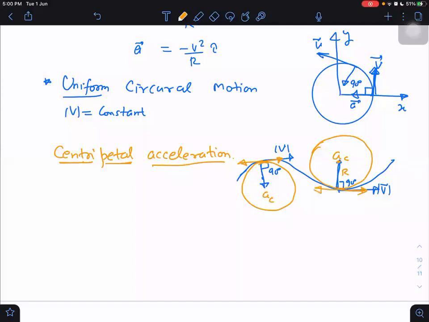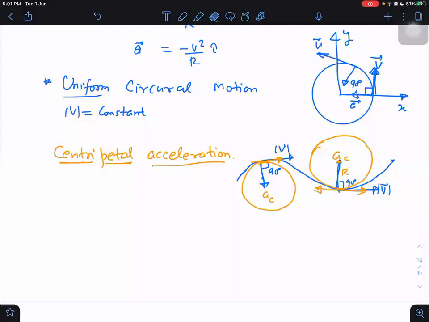If one component of acceleration is parallel to velocity, then the speed will increase. If one component of acceleration is anti-parallel to velocity, then speed will decrease. Okay. So this is what it is.